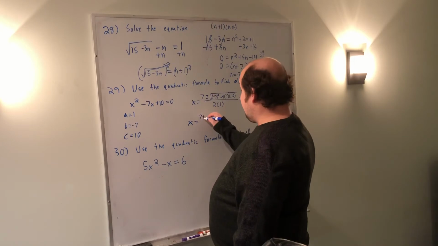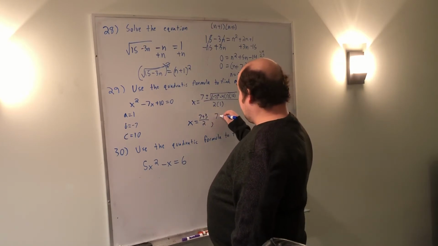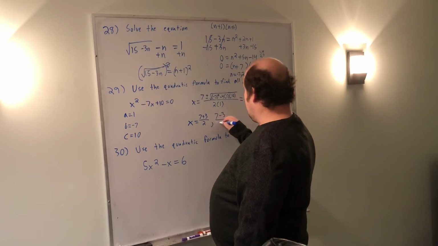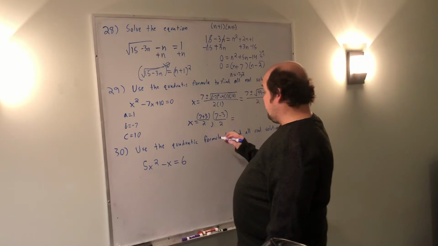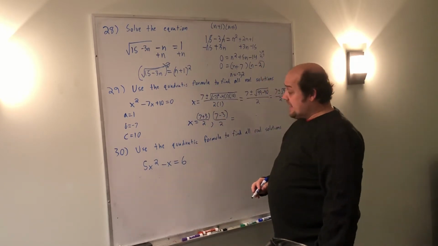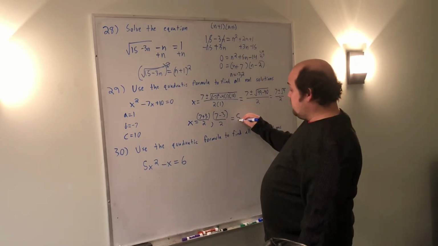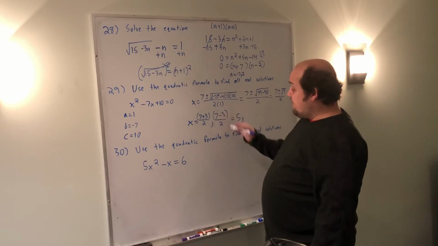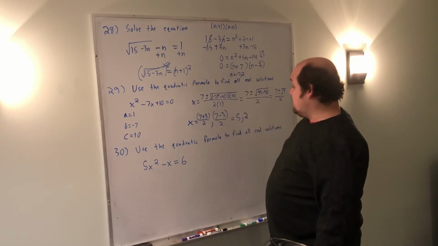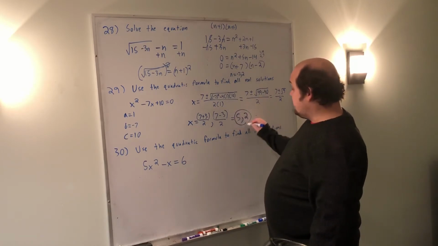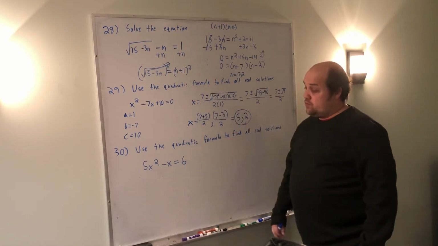It becomes 7 plus the square root of 9, which is 3, over 2, and 7 minus 3 over 2. Remember, you do the top part before you do the division. 7 plus 3 is 10, divided by 2 would give me 5. 7 minus 3 is 4, divided by 2 would give me 2. So the correct final answer should be 5 and 2.